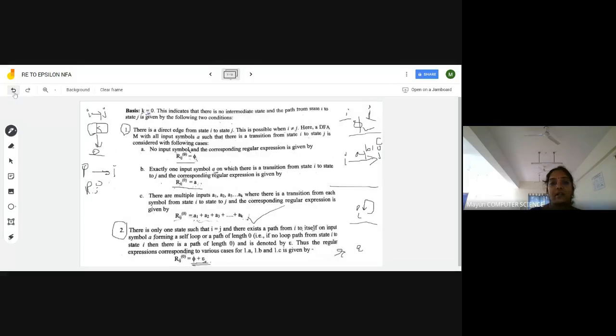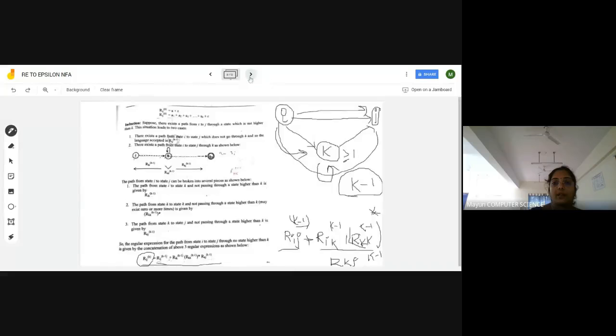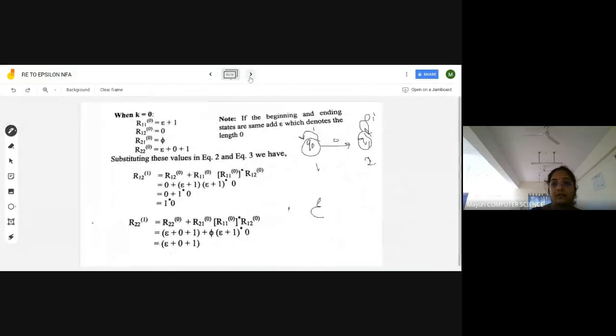Not terminologies, actually the basis. You require that. So, anything which comes in this way, epsilon plus 1 into epsilon plus 1 the whole star. Do you have a meaning for epsilon here?